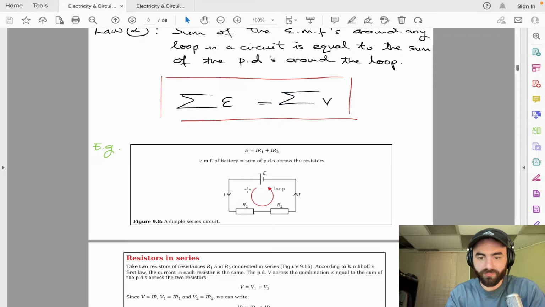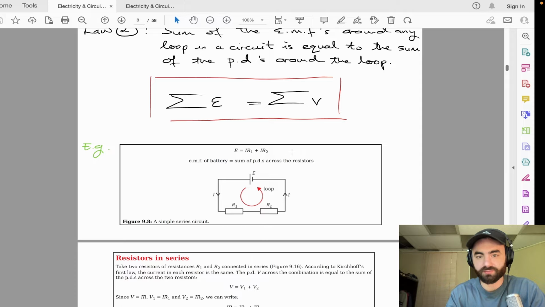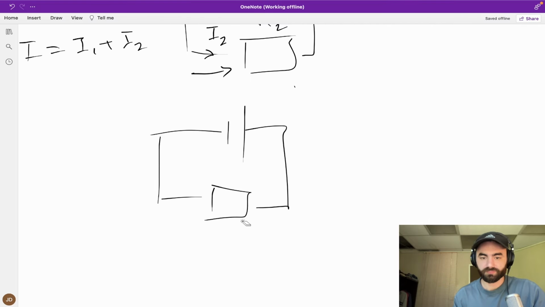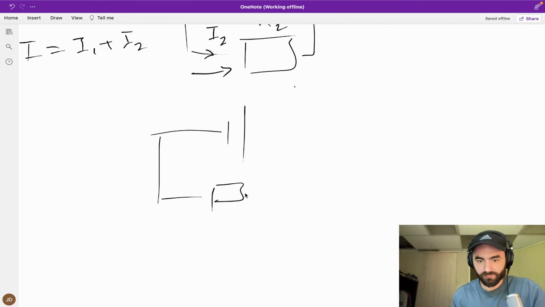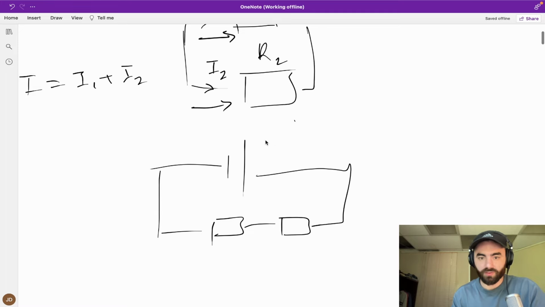Also, the EMF is the sum of all of the potential differences. If you have something like this, an EMF, the difference between EMF and potential difference is that the EMF is the amount of energy being transferred per unit charge, whereas the potential difference is how much of that energy is being utilized.